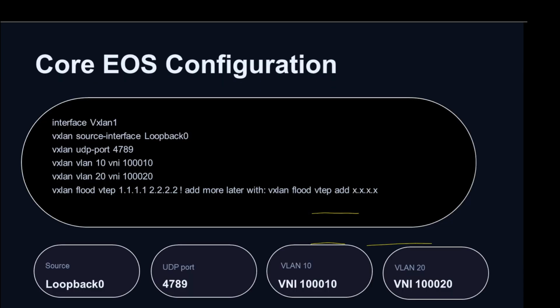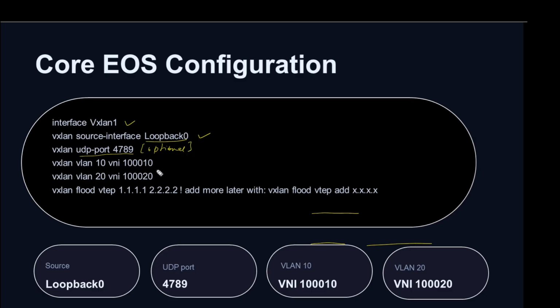In terms of configuration, static flood list is much easier as compared to BGP EVPN. We define the VXLAN interface, and then we also define the source of the VXLAN tunnel interface, which in our example is loopback 0. The default UDP port is 4789, so this is optional.